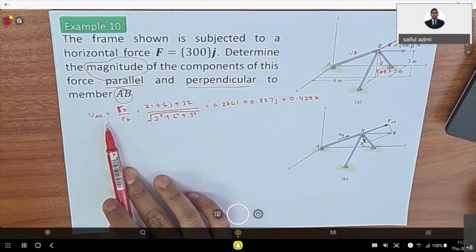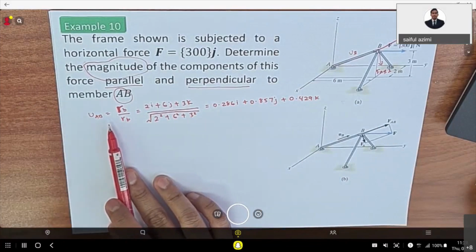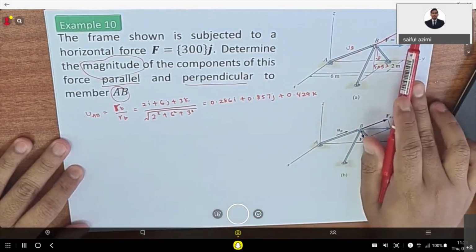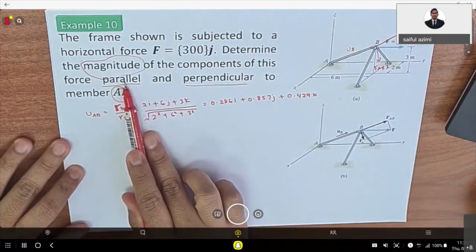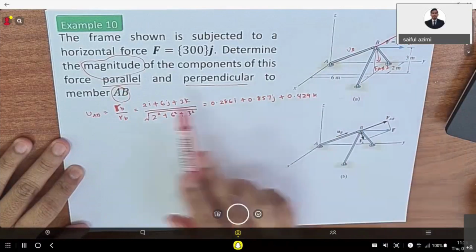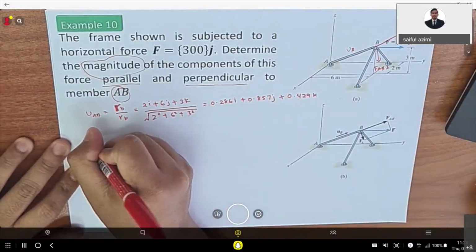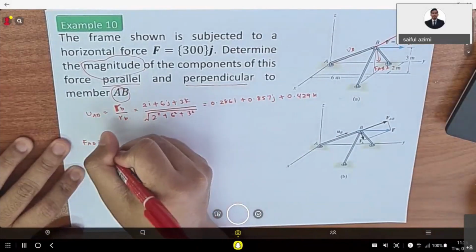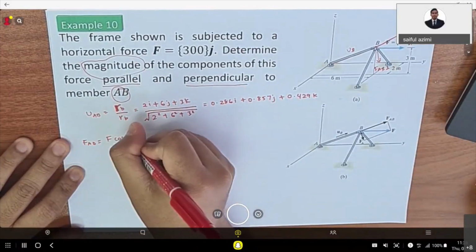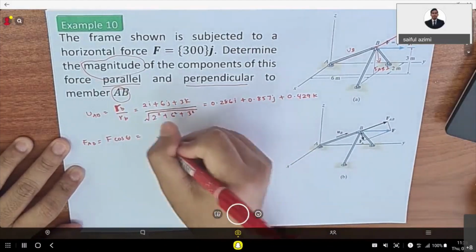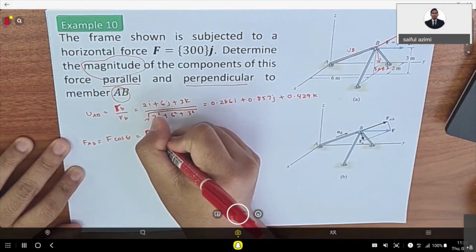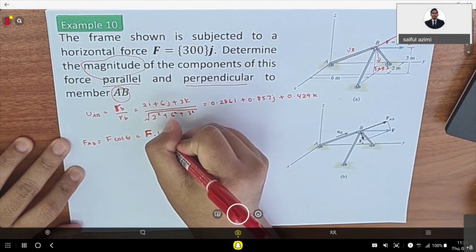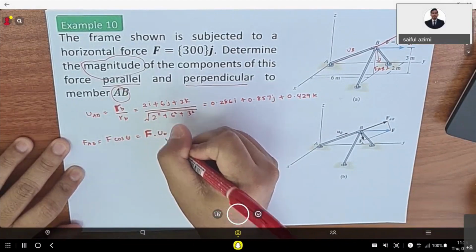And then you need to find the magnitude of the force FAB, the one which is parallel. So first we want to find the magnitude. FAB equals F cos theta, which equals the dot product of F dot UAB.